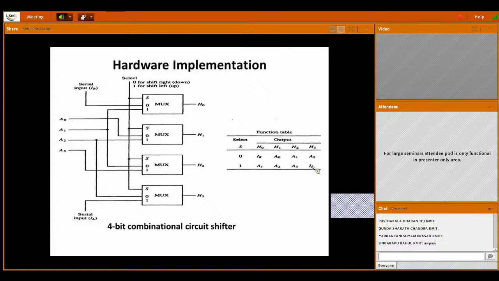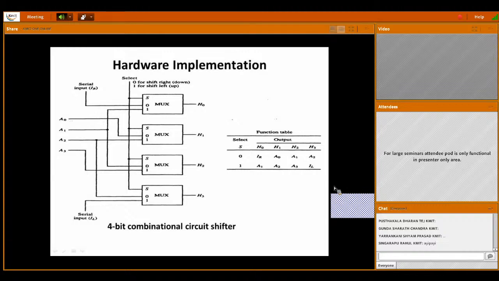And what should be the value of the serial inputs IR and IL? It depends on the type of shift operation you are performing. In a logical shift, the value of both IR and IL should be equal to 0. If it is a circular shift, IR will be equal to the MSB bit and IL will be equal to the LSB bit.